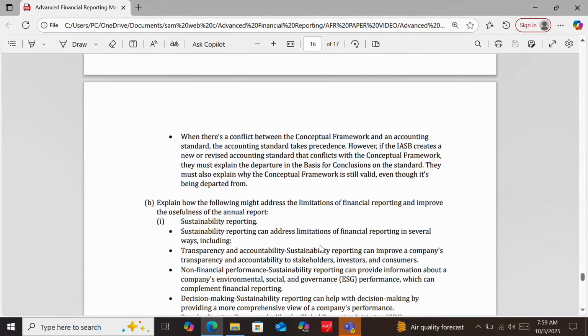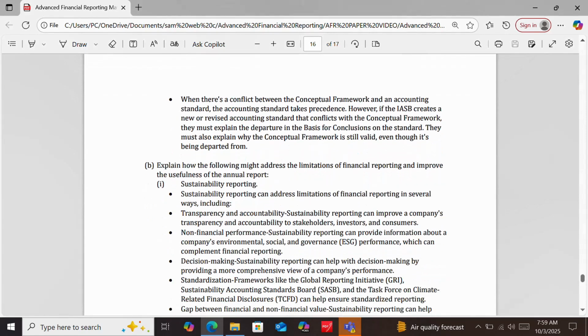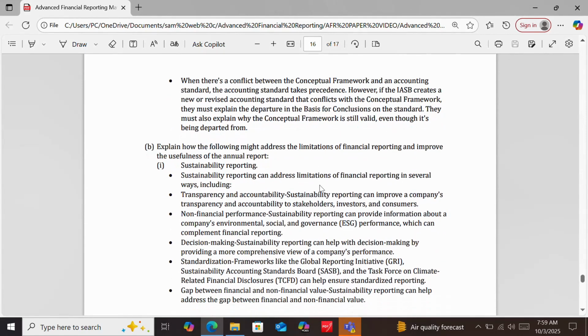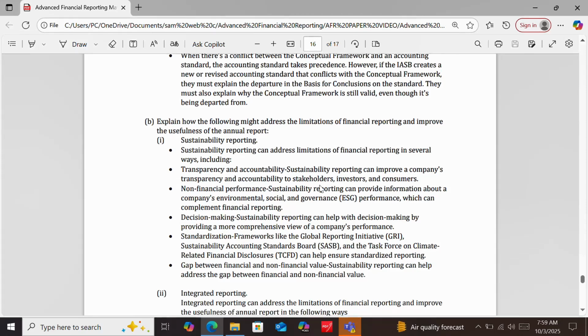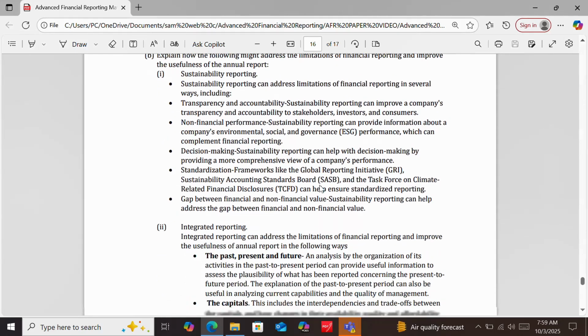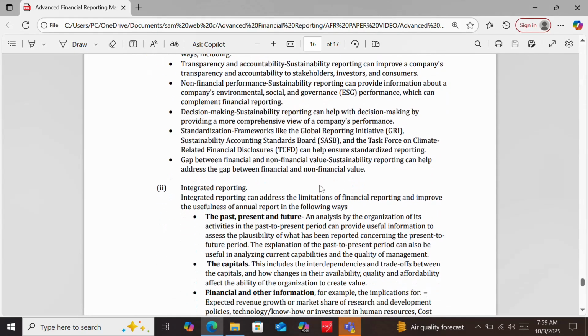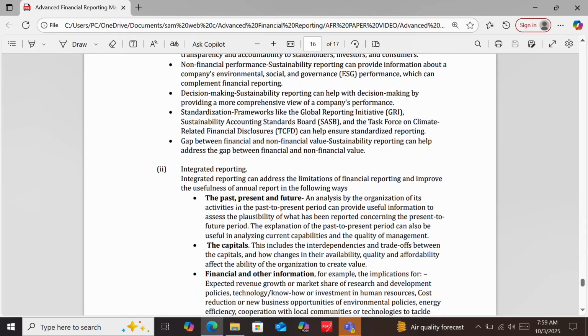Then we have Part B, explain how the following might address the limitation of financial reporting and improve the usefulness of the annual report. Then Roman 2, integrated reporting can address the limitation of financial reporting and improve this.